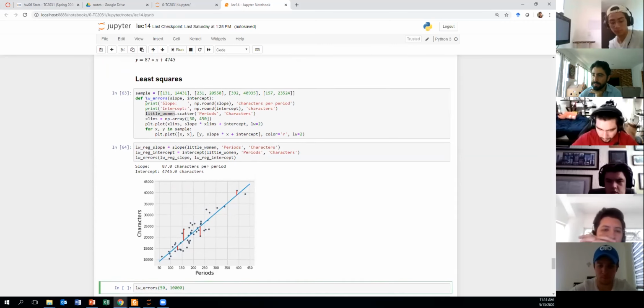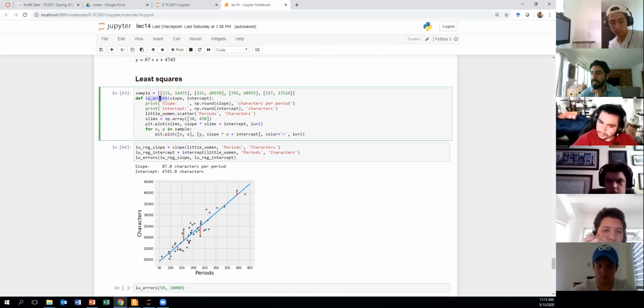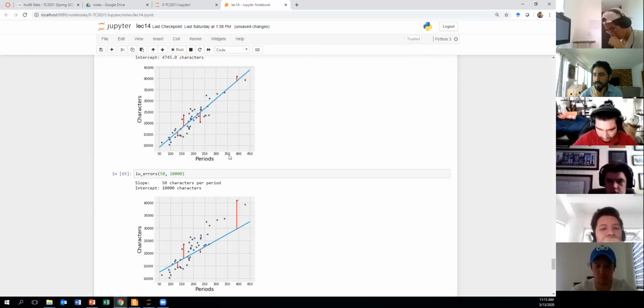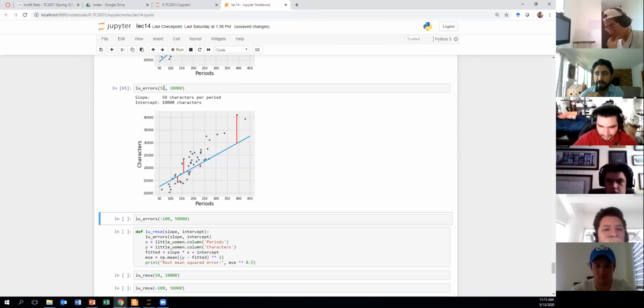What this function does is take the slope and intercept, draw this line, then calculate the errors. So I can call the same function with a different slope and intercept. In this one, I say, okay, what if my slope is 50 and my intercept is 10,000? This would be my line. You can see the errors are much bigger.